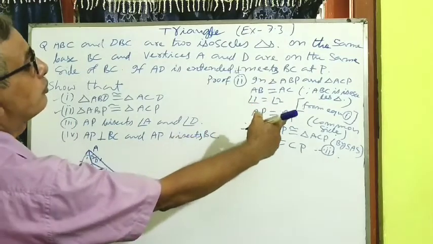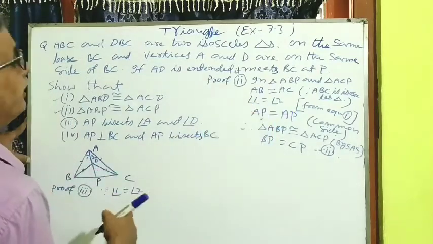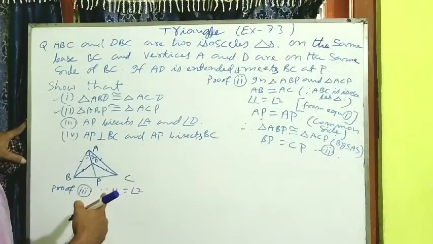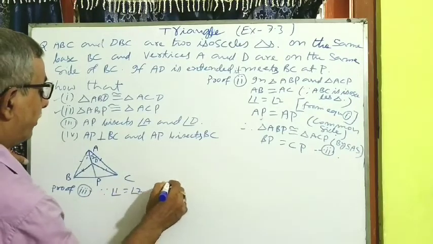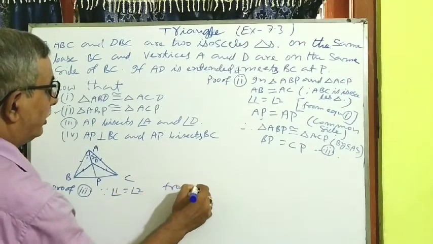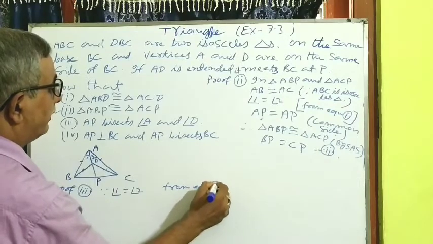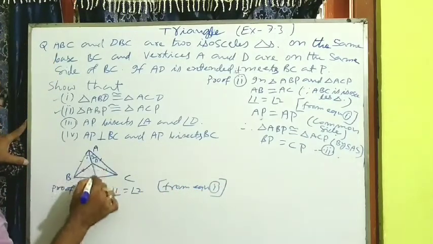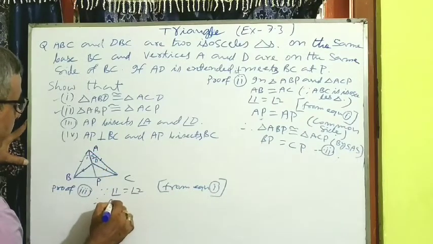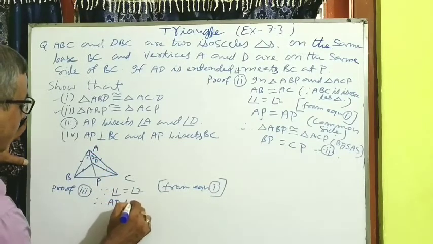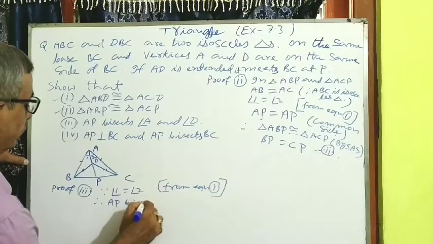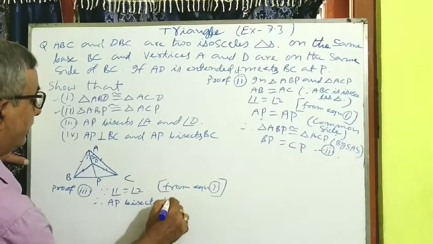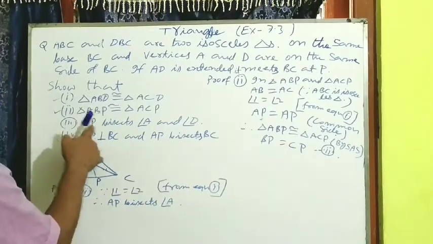You got 1 is equal to 2 in proof 1 itself, from equation 1. Therefore you can write AP bisects angle A. Okay, half of the proof I have done.